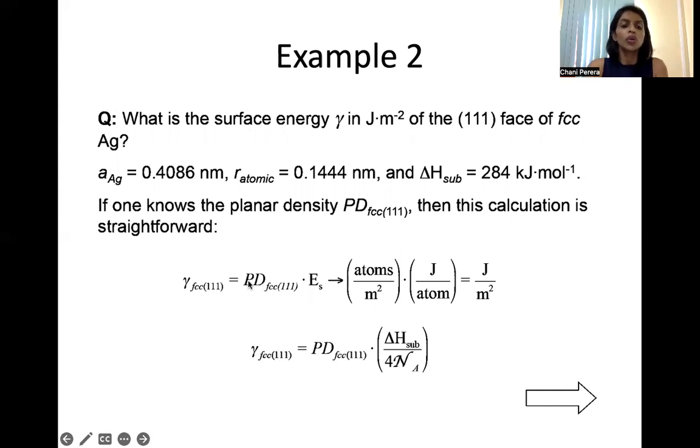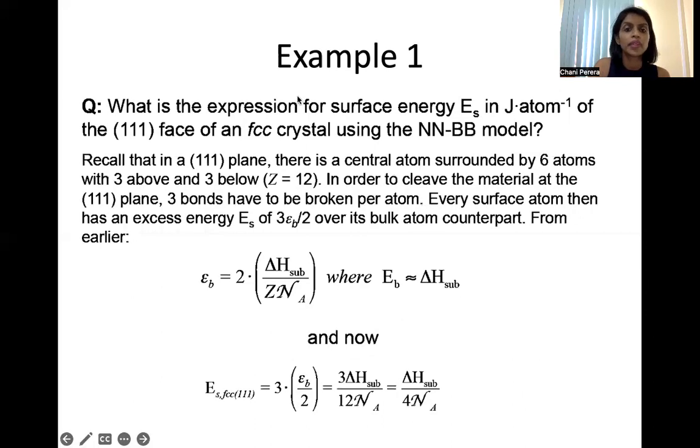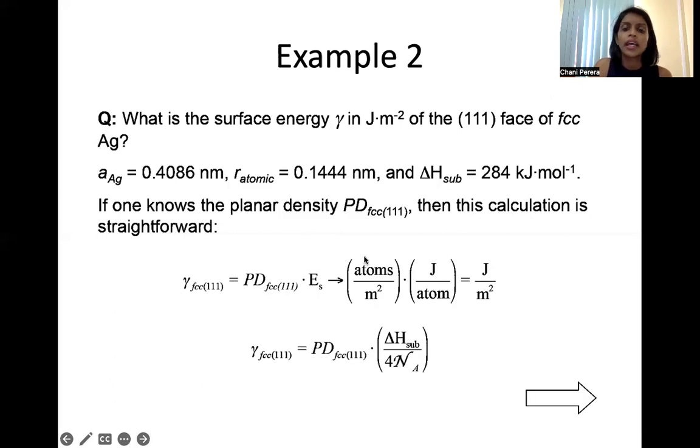So you want to find out the surface energy, and what you first have to do is find it out in joule per atom. Then you multiply it by planar density, where you can find out how many atoms.